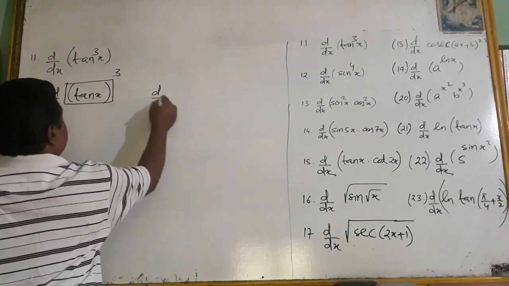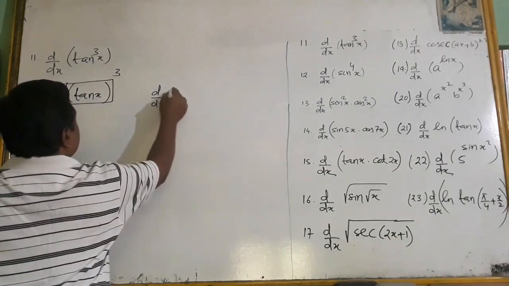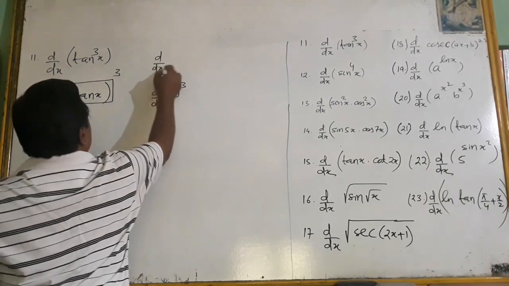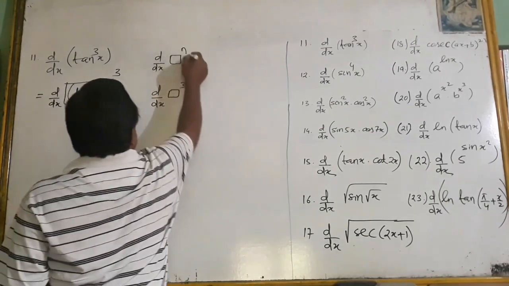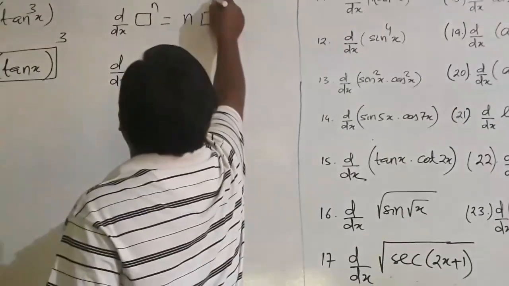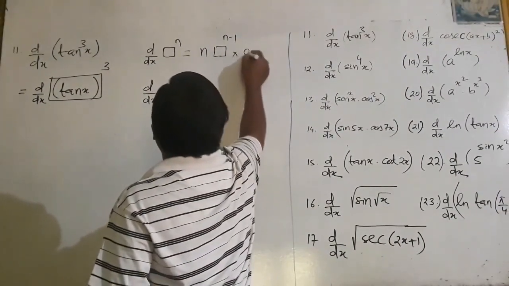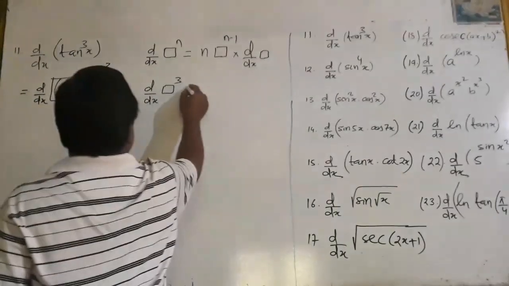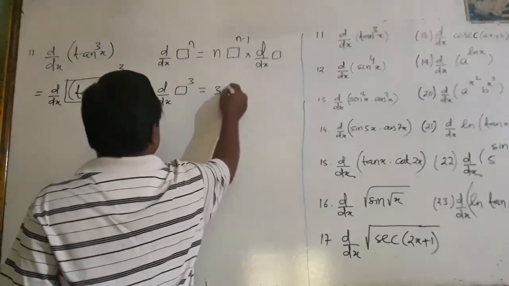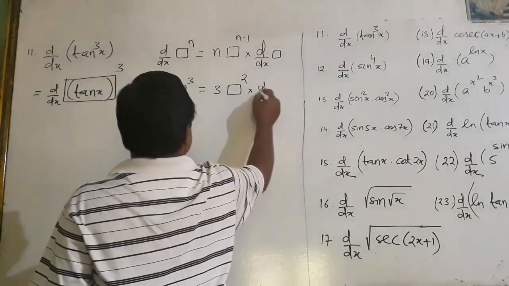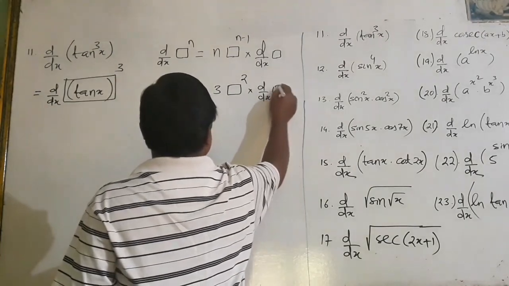And you know what is the formula of box to the power n? You know it previously. Anything to the power n: it is n box to the power n minus 1 into d by dx of that box. For box to the power 3, it is 3 box to the power 3 minus 1, that is 2, into d by dx of this box.